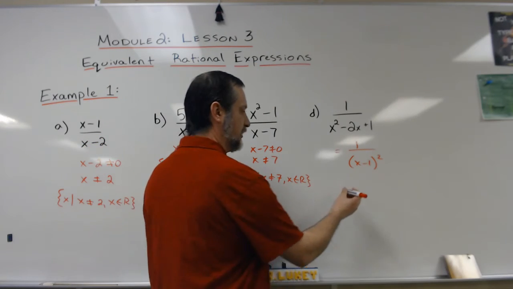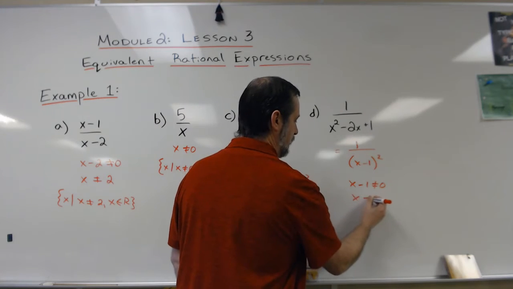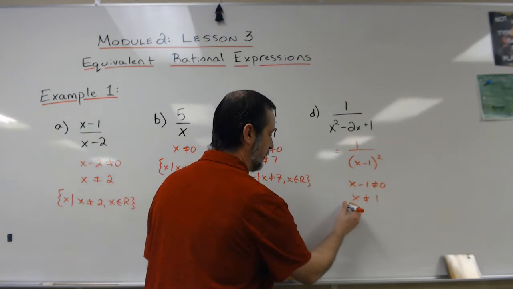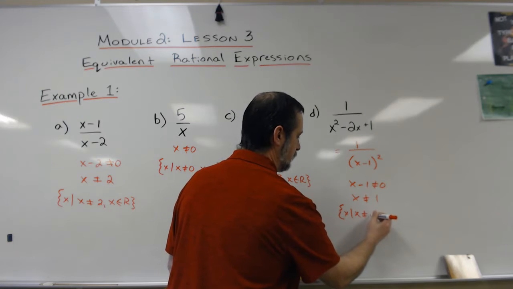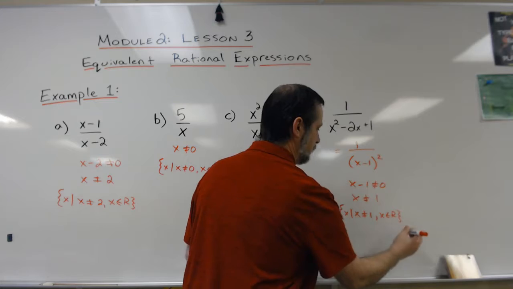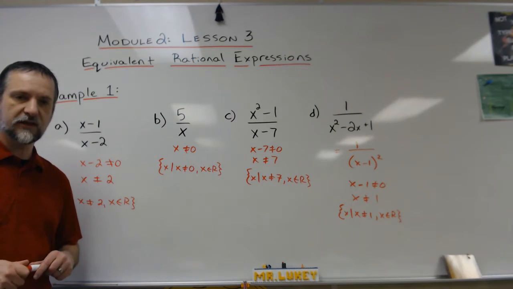So in both of those scenarios, x minus 1 cannot equal 0. So x cannot equal 1, and then we just write our final domain. And there we go. That would be how we would work our way through example 1.